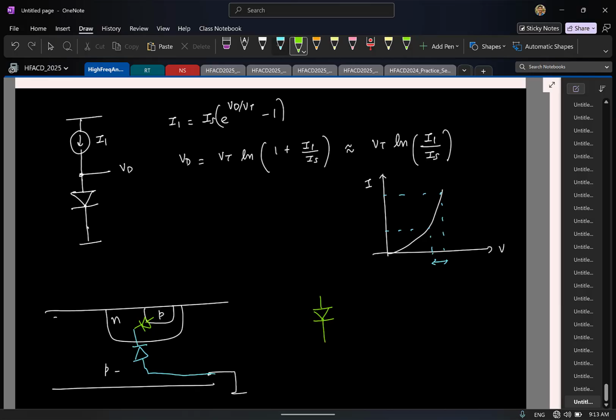You also have the bottom diode, and this is basically ground. So now you no longer have one PN structure. We have a PNP structure.